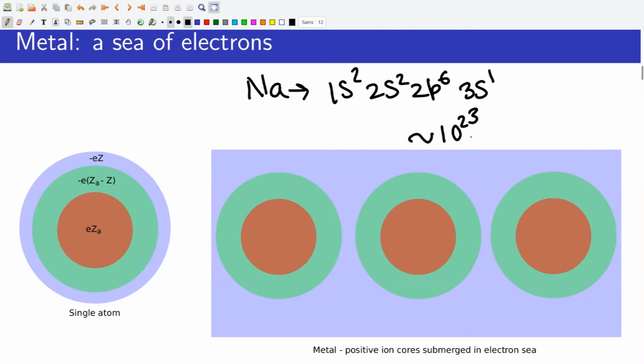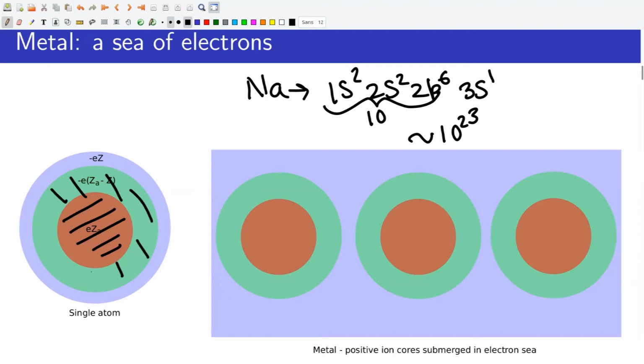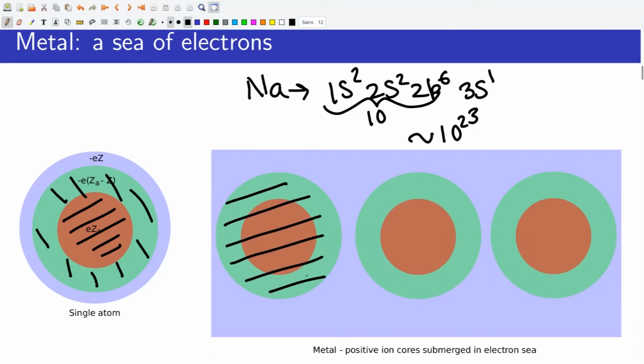In a metal, the nucleus and the core electrons retain their free atom configuration. So I have a nucleus shown here, and then I have core electrons, 10 of them, occupying this region. So this is the case of a single atom. When single atoms come together and form the solid, the nucleus and the core electrons roughly retain their atomic configuration.